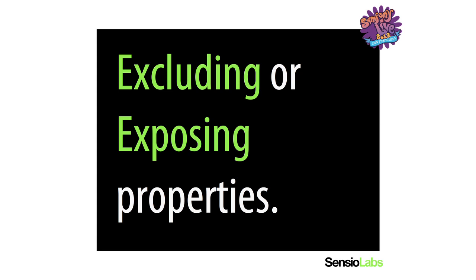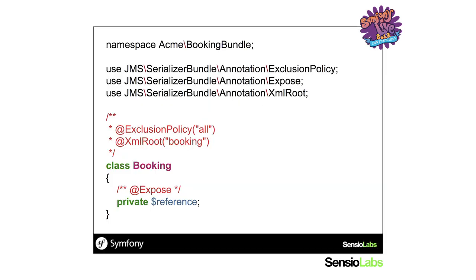The serializer component always exports all the properties in your object, but of course when you want to serialize your object, you don't want to serialize everything because you have some sensitive information that you don't want to expose. So with this bundle, you are able to specify which properties you want to export or which properties you want to exclude from the serialization process.